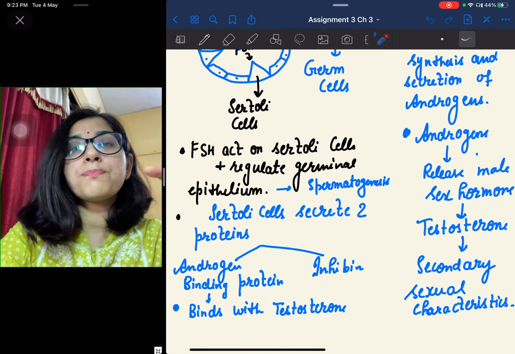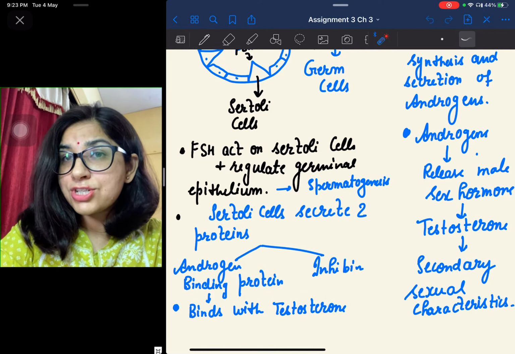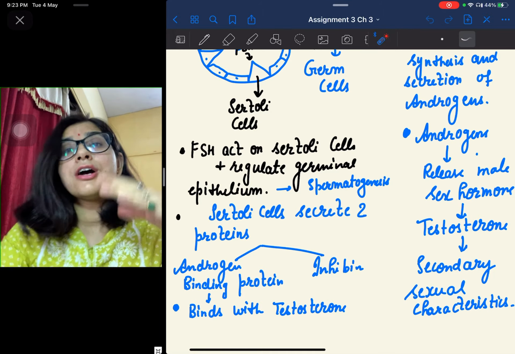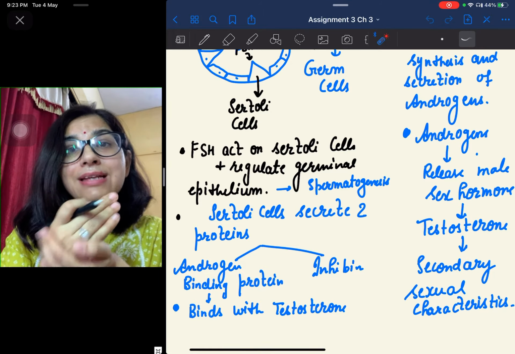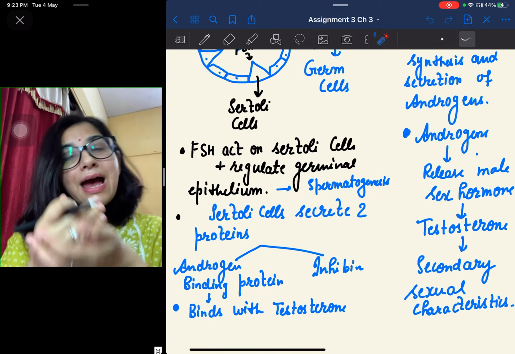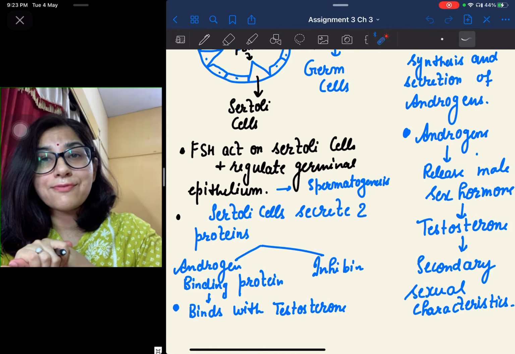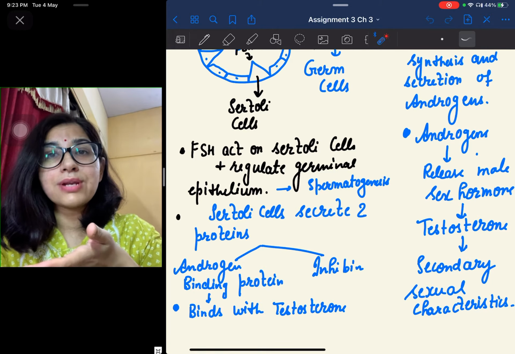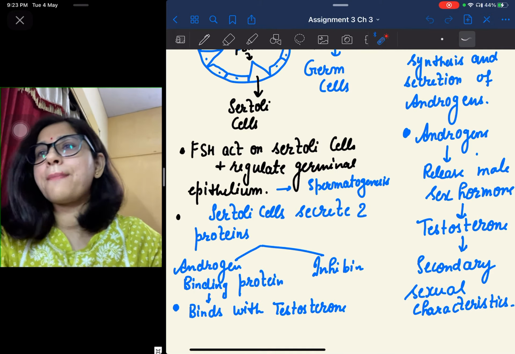Now don't get confused, the purpose of FSH is to stimulate spermatogenesis. And how will spermatogenesis happen? When it acts on the Sertoli cells and regulates the germinal epithelium.